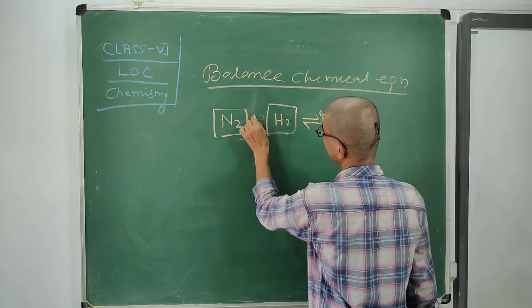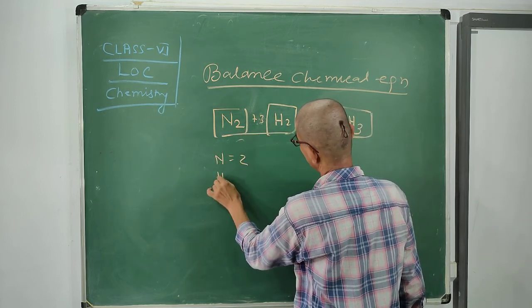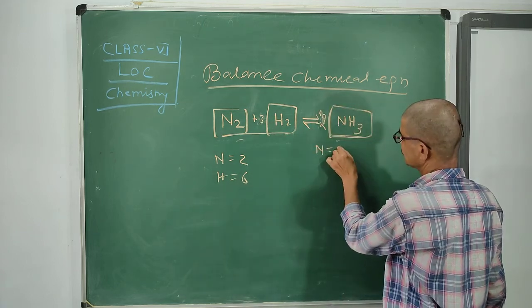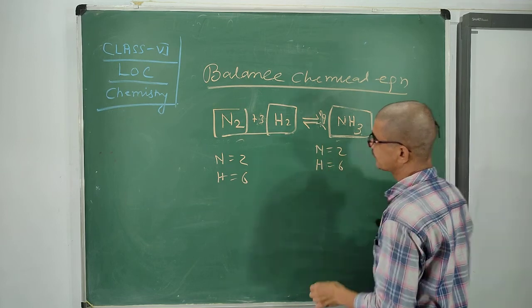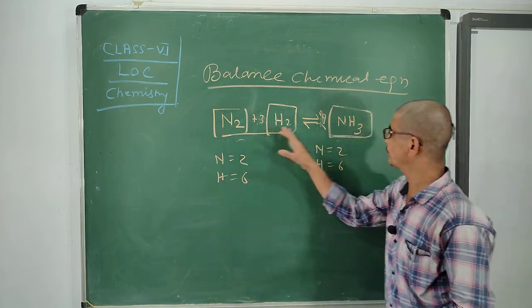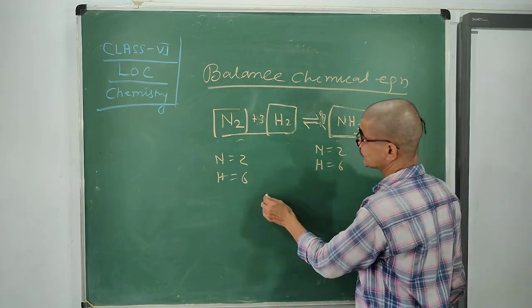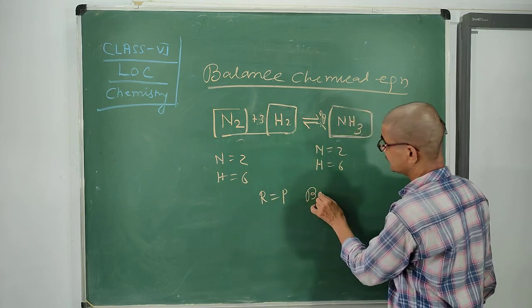So you must attach the 3 to hydrogen. Now nitrogen is 2 and hydrogen is 3 times 2, which is 6. So the number of atoms present on the reactant side is equal to the product side. So this is called a balanced chemical equation. R is equal to P, that is why the equation is balanced.